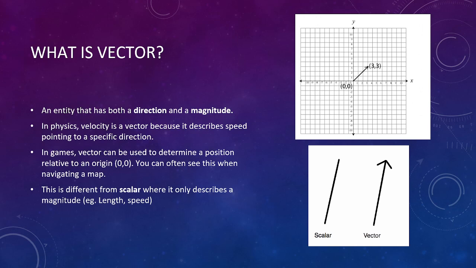This is different from a scalar, which only describes a magnitude, like a speed or a length, but the vector describes the direction it's going to and how fast it's going in that direction.